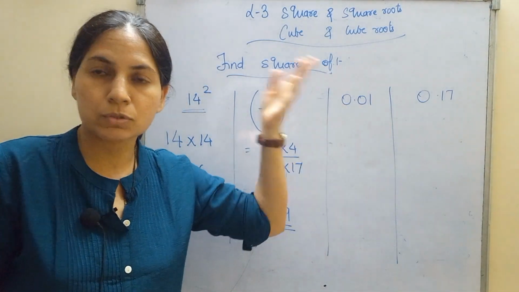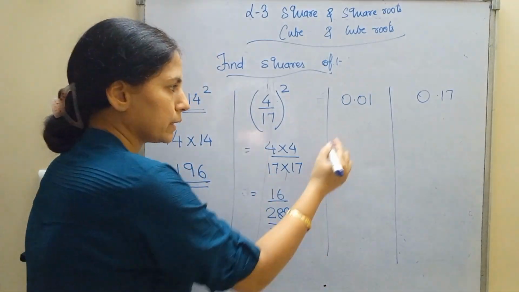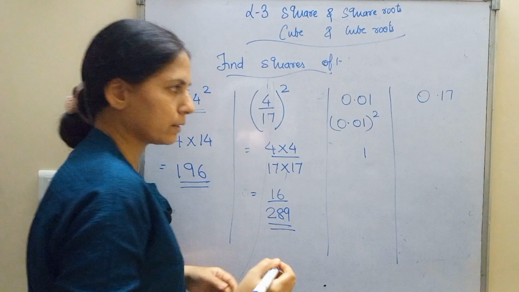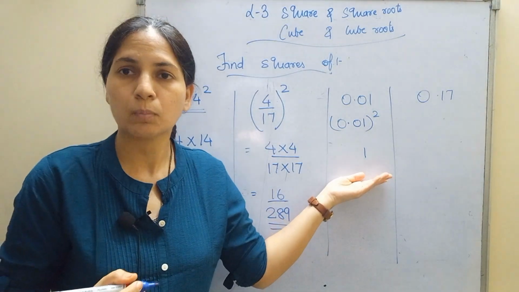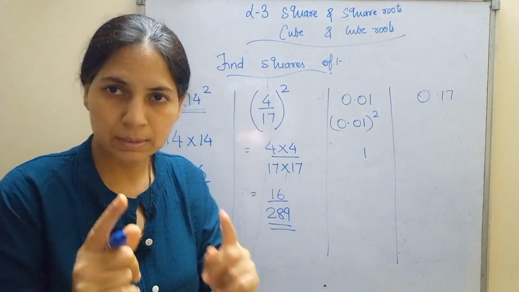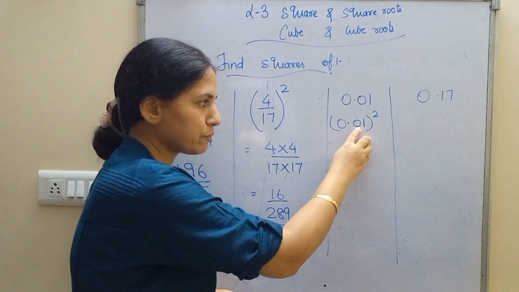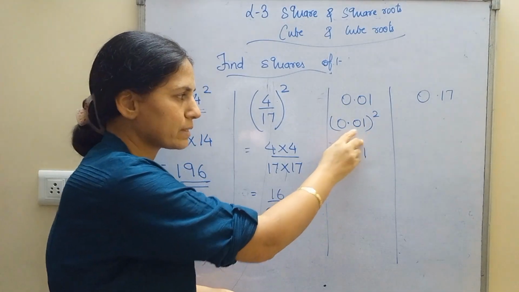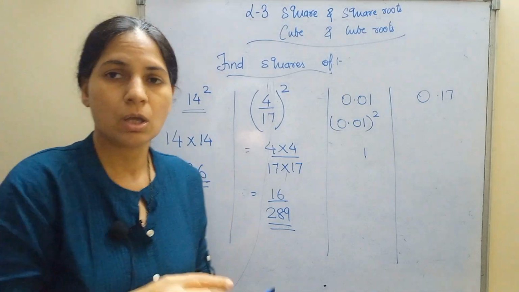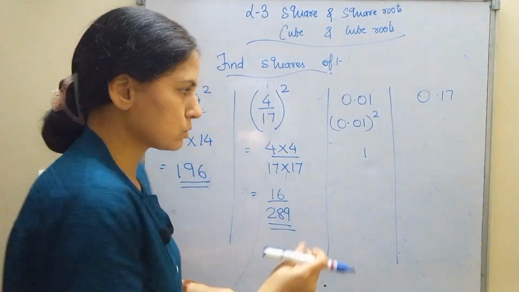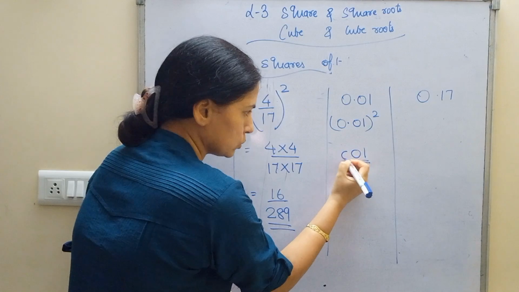Now what is the square of 0.01? Okay. Now students, what is the square of 1? Square of 1 is 1 only. Now what will you do with 0.01? Listen carefully. How many steps are left for the decimal? How many numbers from behind is the decimal? 2, right? 2 numbers. In a square, it will double. 4. Okay. So this is one number, 2, 3, 4.